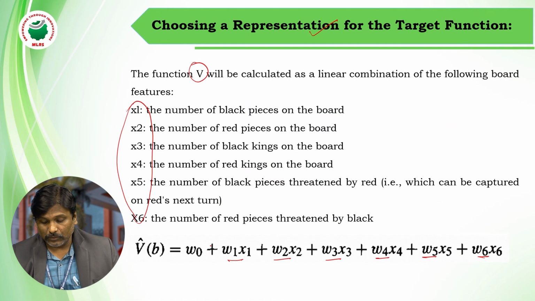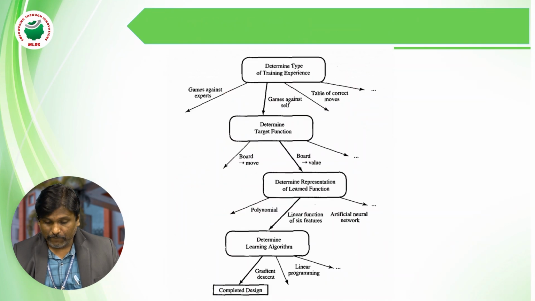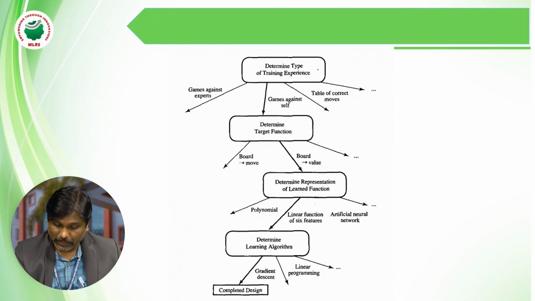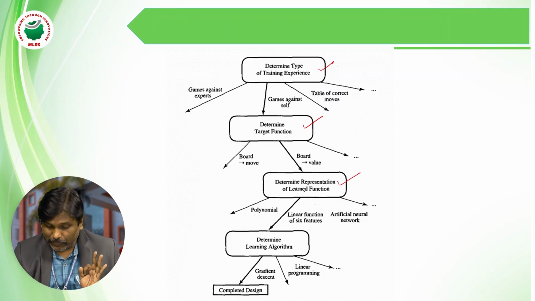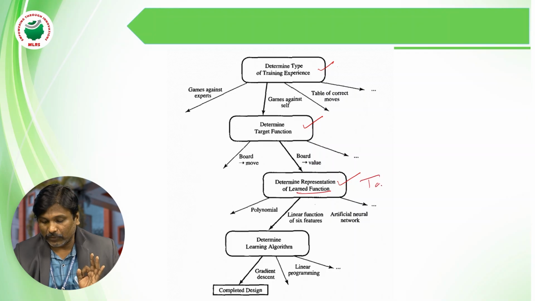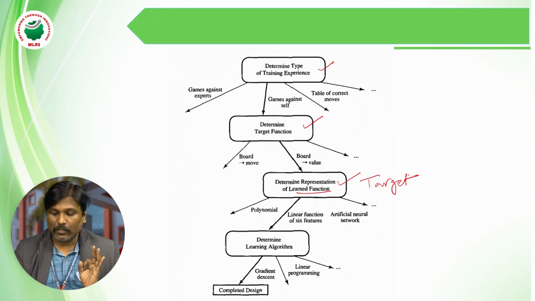So now, the first one is to determine the training experience. Second is to determine the target function, and third is the representation of the learned function, that is nothing but the representation of the target function.